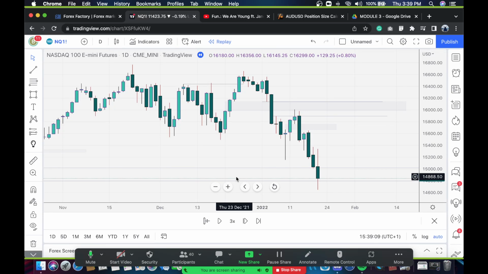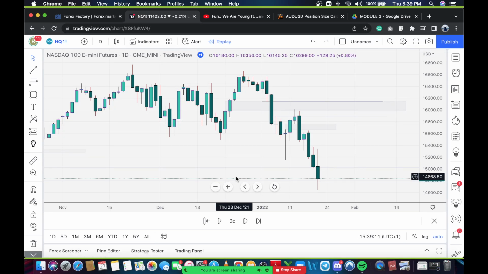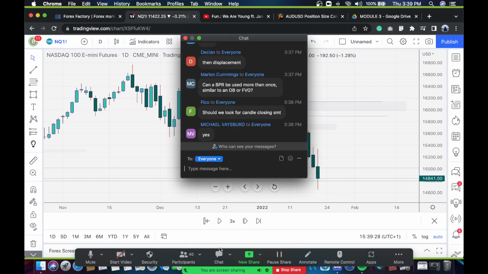Because a BPR should have the same effect as immediate rebalances, meaning they're points of interbank delivery and they should be explosive. Okay, they should deliver explosively. That's what we're looking for. Does that make sense?